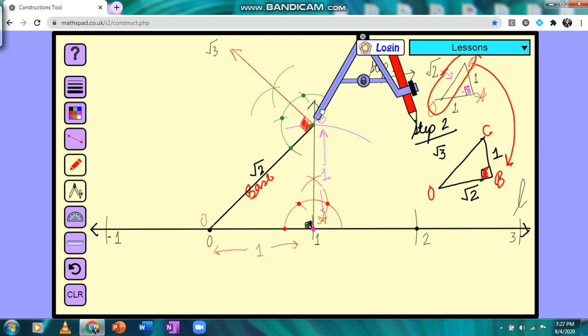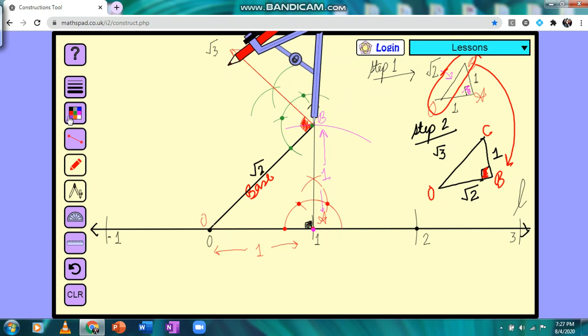And I want to cut off from point B here. So placing the compass at point B and cutting it along this.